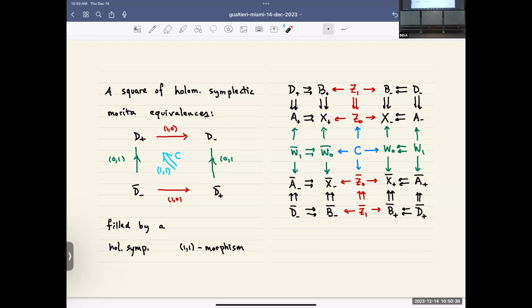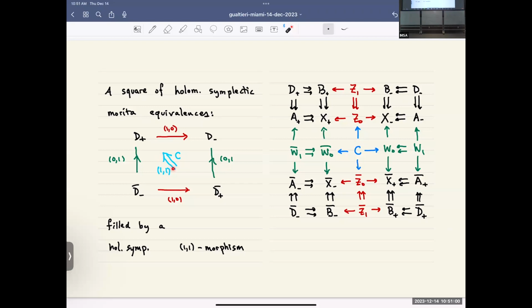And the final piece of generalized Kahler, if you want to get an equivalence, you need to realize that this kind of loop that we've constructed has a filler. And this is a higher morphism.